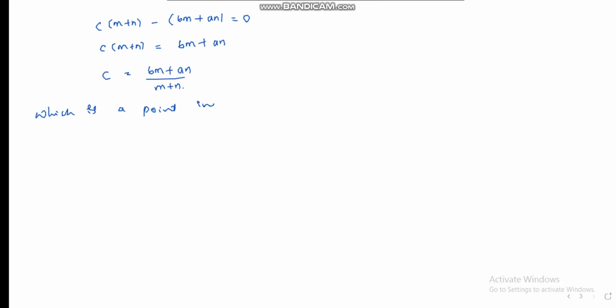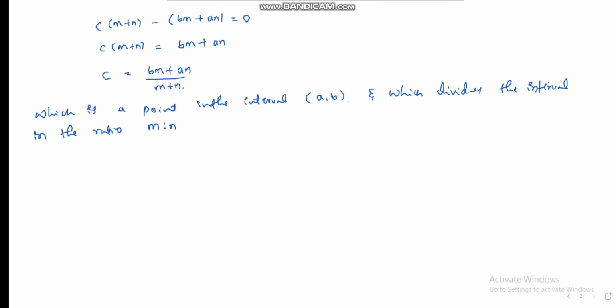Therefore c is a point in the interval (a, b) which divides the interval in the ratio m is to n internally, because the denominator is m plus n, so that's why m is to n internally.